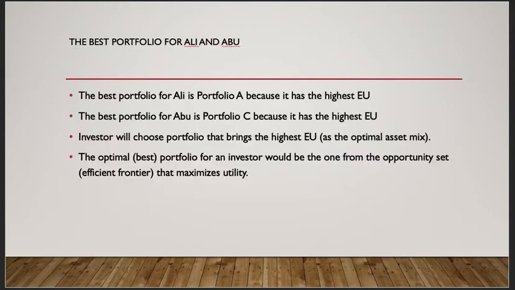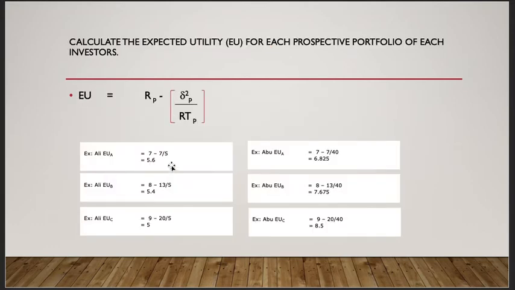So we move to the last slide, the best portfolio for Ali and Abu. The best portfolio for Ali is portfolio A because it has the highest EU. That is because Ali is less tolerant. Ali doesn't enjoy a lot of risk, as his risk tolerance is only about 5, less tolerant towards risk.